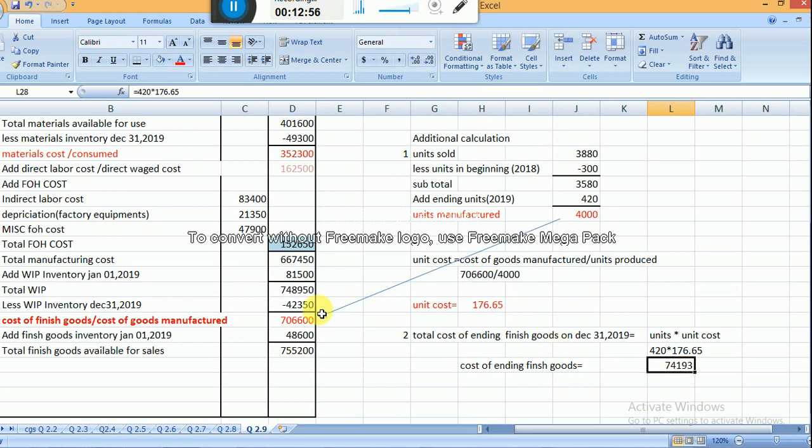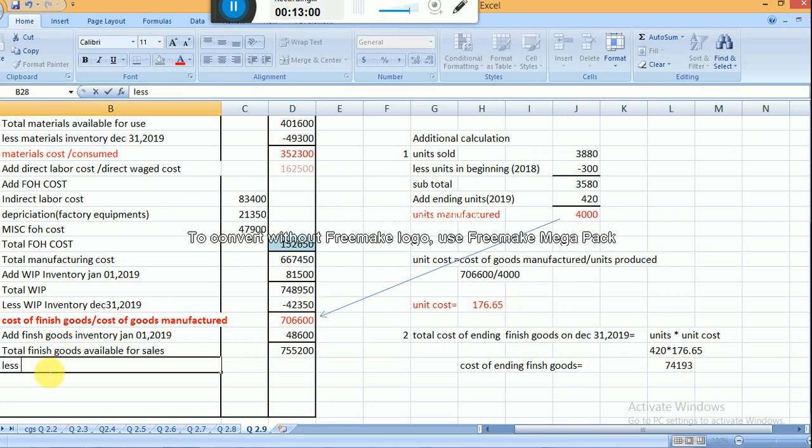So here we find the ending finished goods on December 31st, 2019, which is 74,193. In this way we find out the ending finished goods.